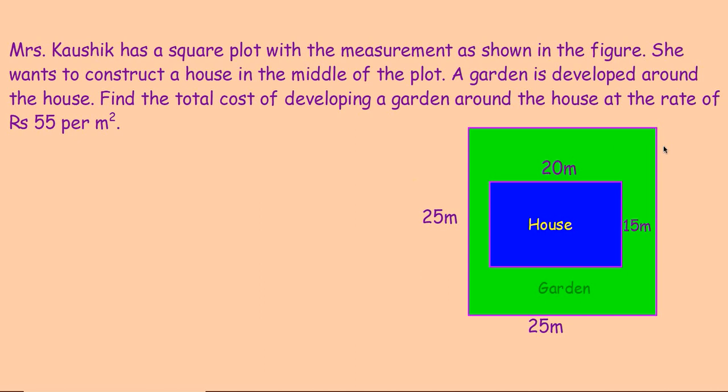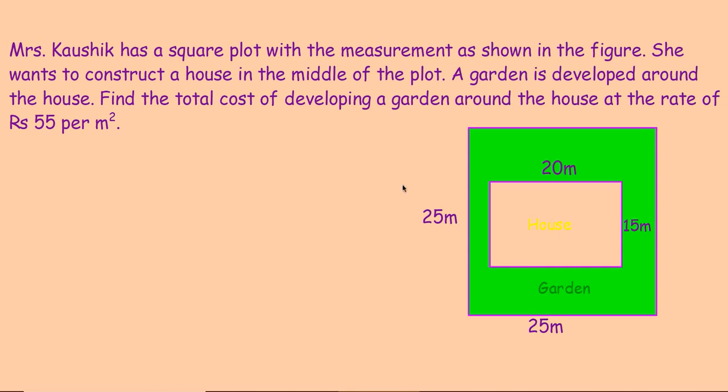How will you find out the area of this garden? To find out this area, first find out the area of the square, then find out the area of the house. Then you have to subtract the area of the house from the area of the square plot.